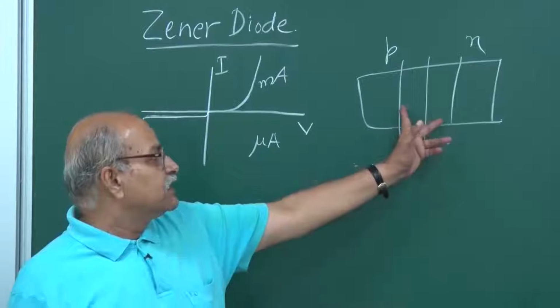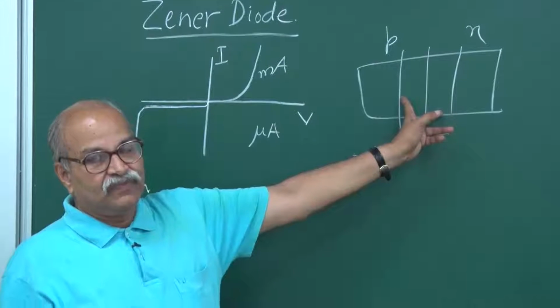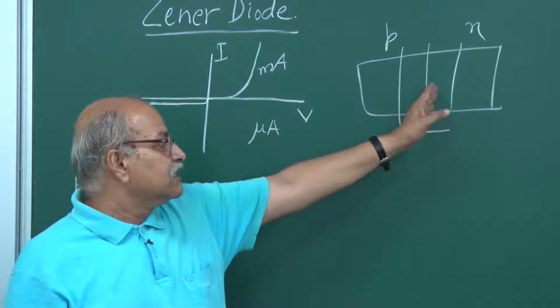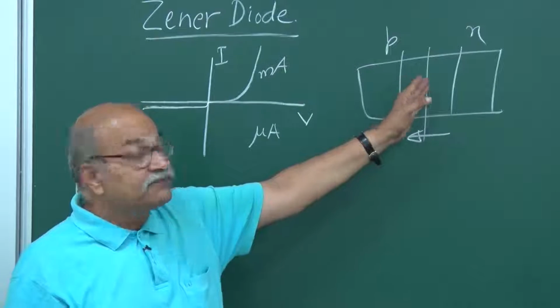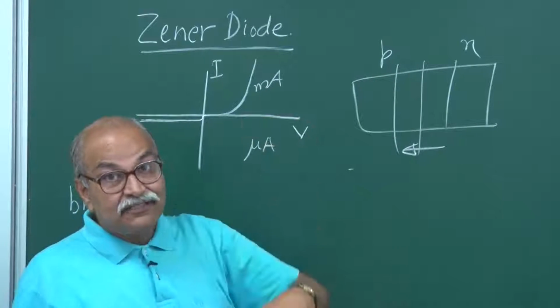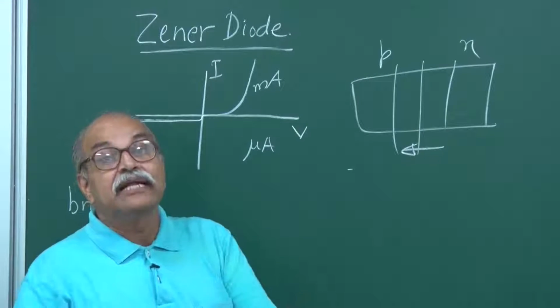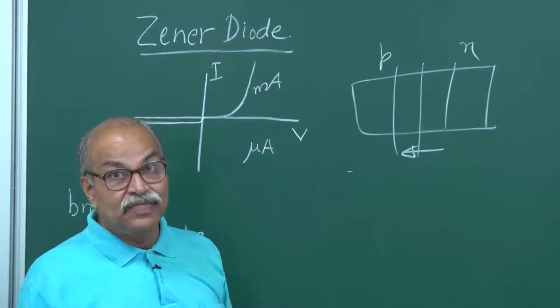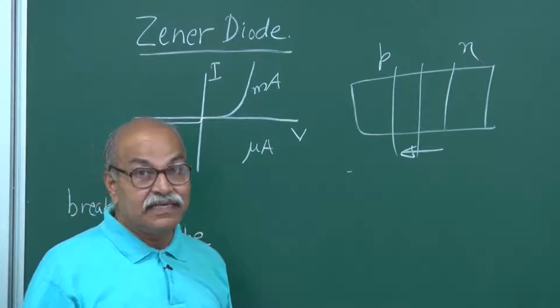If the region is wide enough and the electric field is able to impart enough energy to the charge carriers so that they collide with the atoms and break the bonds, new electron hole pairs are created.